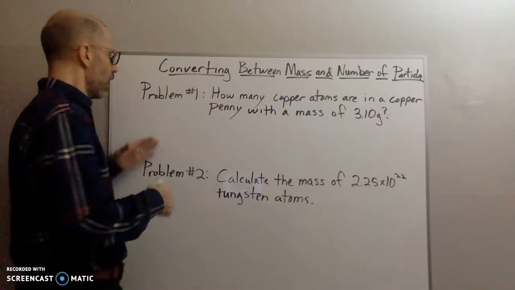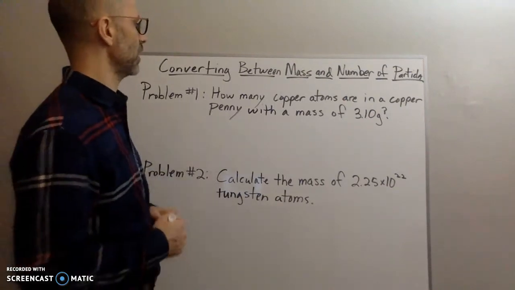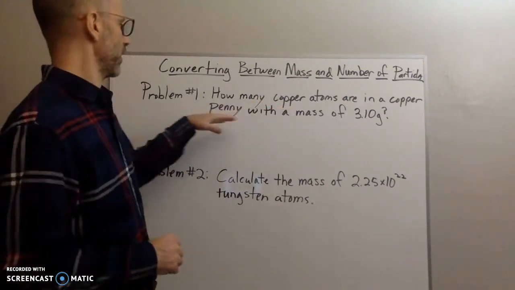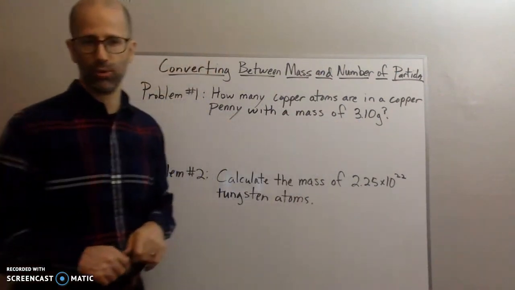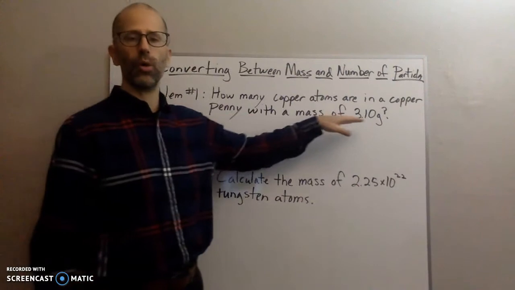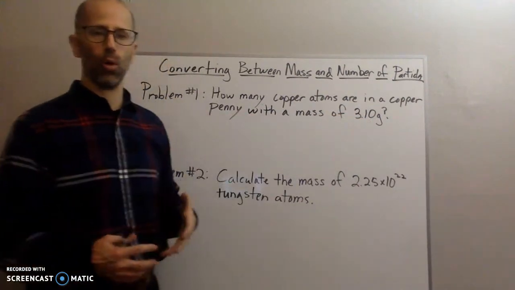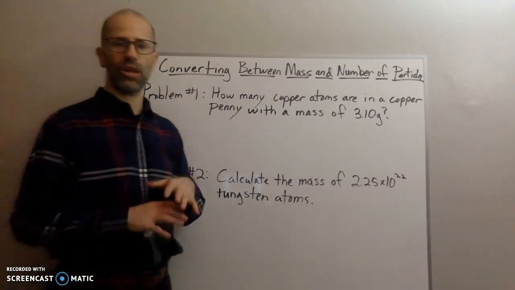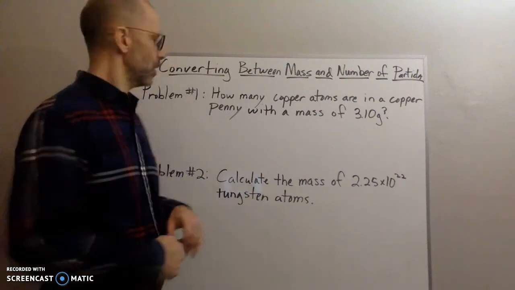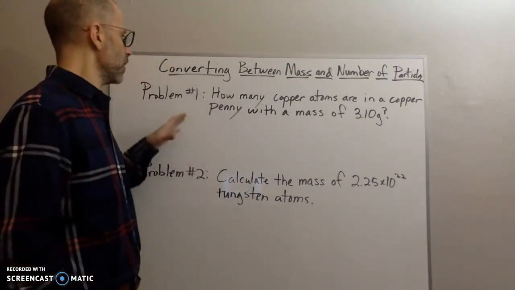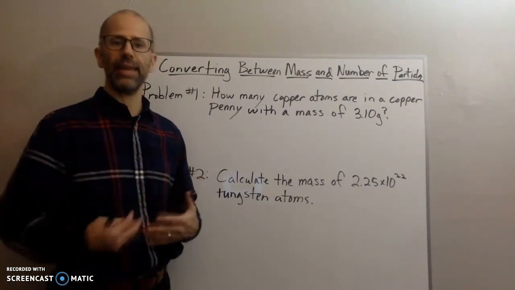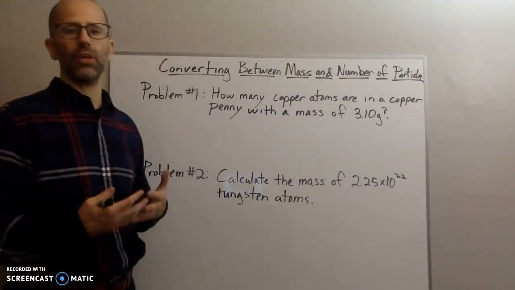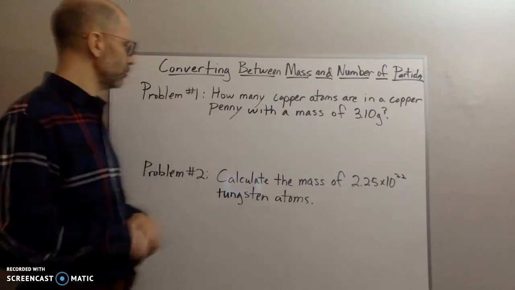Okay, so our first problem is how many copper atoms are in a copper penny with a mass of 3.10 grams. For this, we're going to assume that we have a pure copper penny, so there's nothing in it but copper. So how do we do this? You have to figure out where to begin and where to end, and that is almost always going to be found in the question itself.